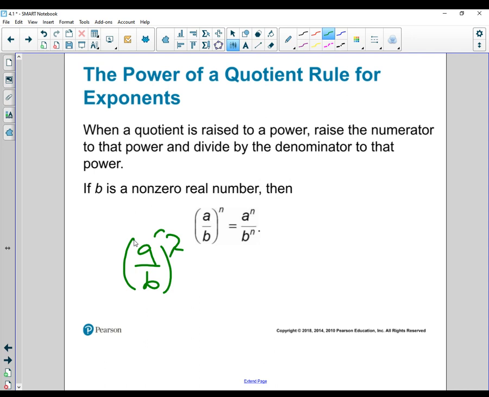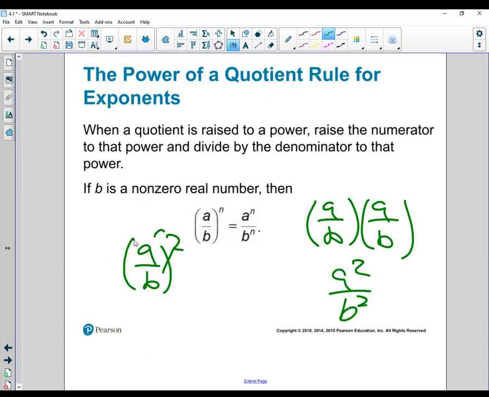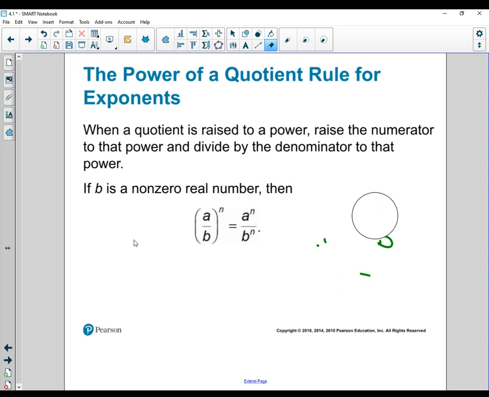The reason you can throw that squared into both is that a over b squared would be a over b times itself, right? So you'd get a times a, or a squared, all over b times b, which is b squared, and that works for any power. So you can throw that power into there if you're dividing a fraction as well.